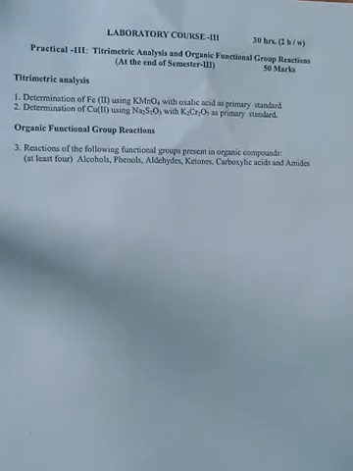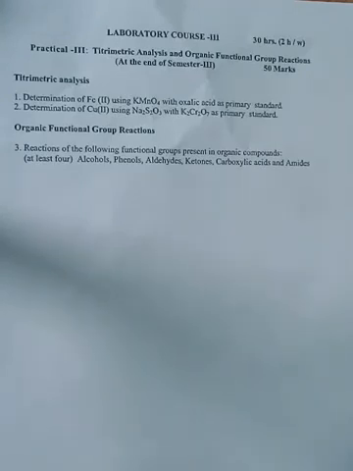Coming to the examination pattern, we all know that the theory examination will carry 75 marks. The question paper will contain two parts, part A as well as part B. Part A will contain 8 short answer questions. We have to choose 5 questions. Each question carries 5 marks, 5 into 5, 25 marks.